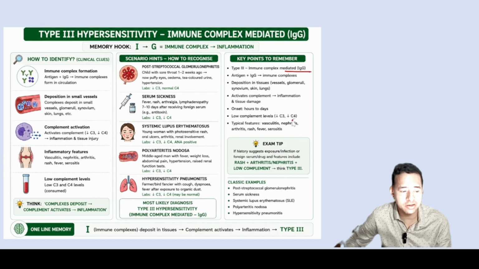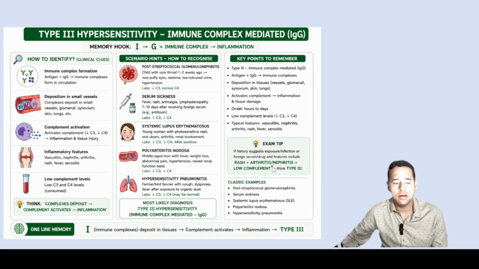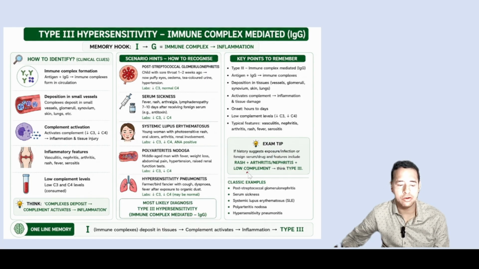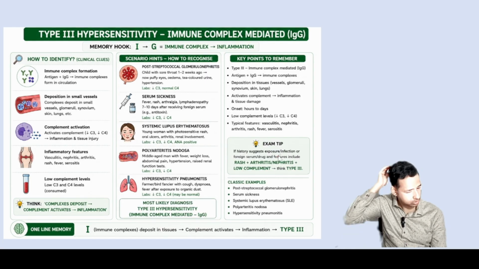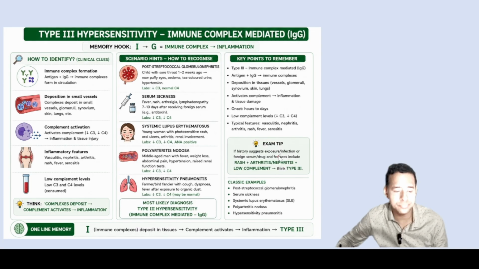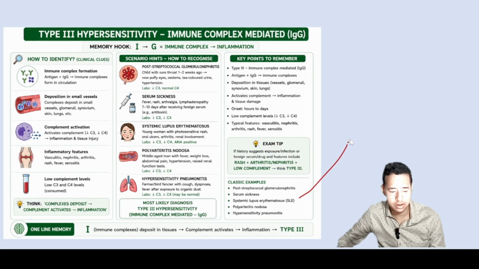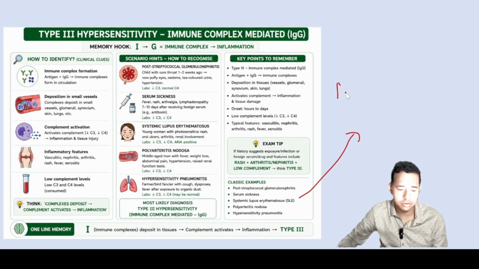Onset is hours to days. With this you have to know rashes, arthritis, and nephritis along with low complement. Think about type 3 hypersensitivity reaction. Classic examples: post streptococcal glomerulonephritis, serum sickness, systemic lupus erythematosus. Most examiners love to ask about malar rashes, malar or butterfly rashes.